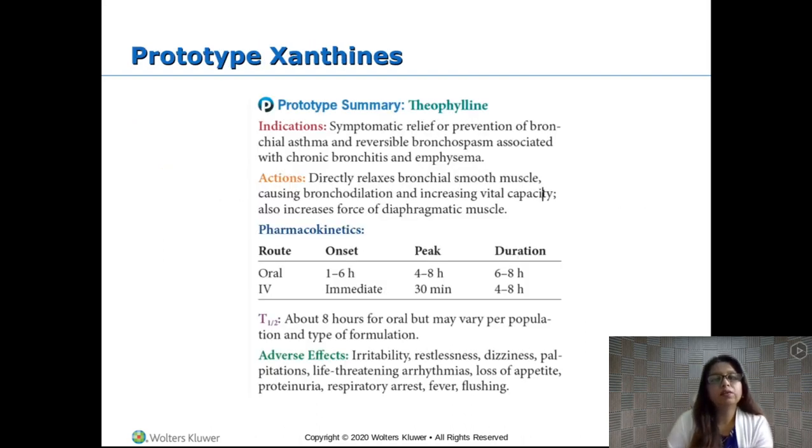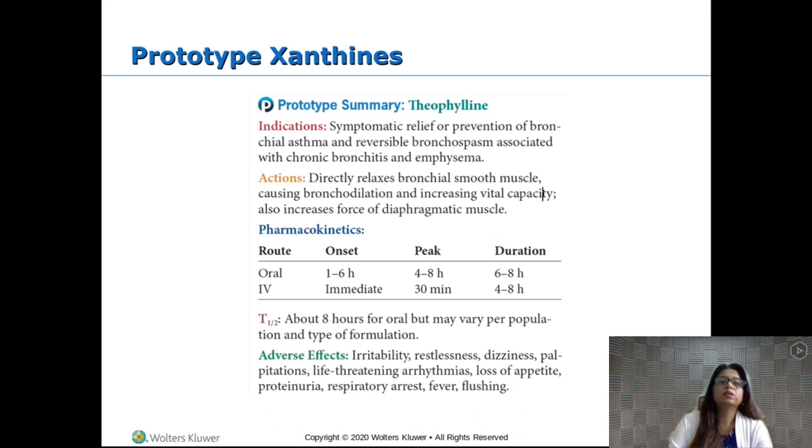Now, theophylline is also a relief for bronchospasms. It could be given for bronchial asthma, reversible bronchial spasm associated with chronic bronchitis and emphysema. It directly relaxes the bronchial muscles, and it increases the vital capacity, which is technically the breathing capacity of the lungs.